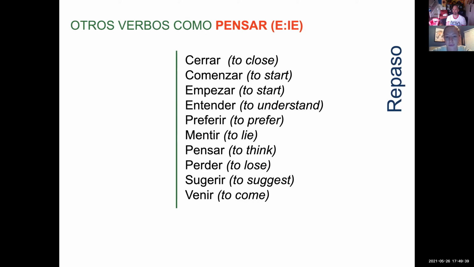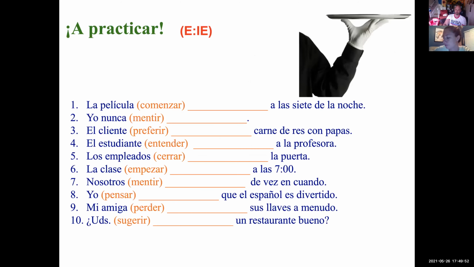Venir is also irregular in the first person. So vengo. Yo vengo. After that, it's vienes, viene, venimos, vienen. How do you feel with these? Bien. ¿Cómo te sientes con estos verbos? Bien, entonces, vamos a practicar.